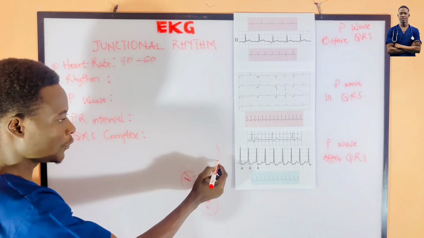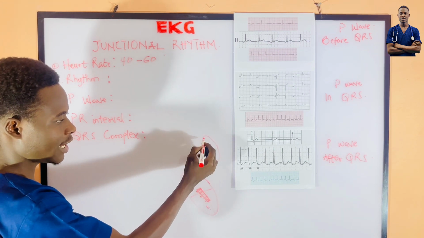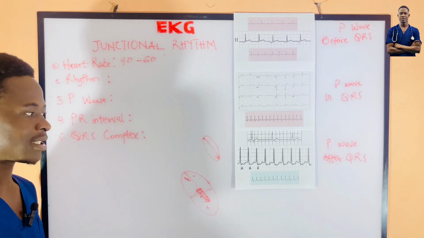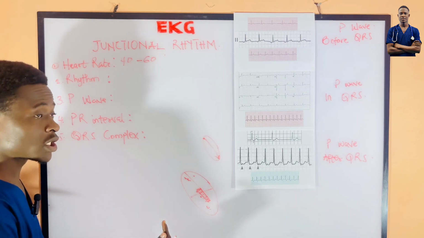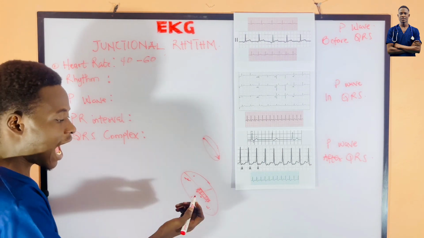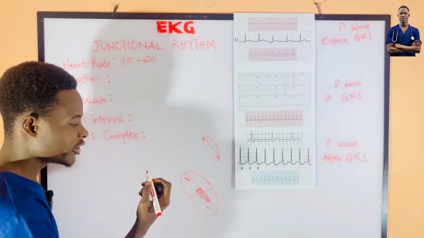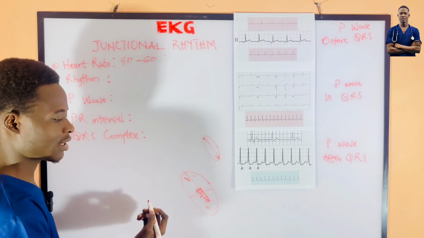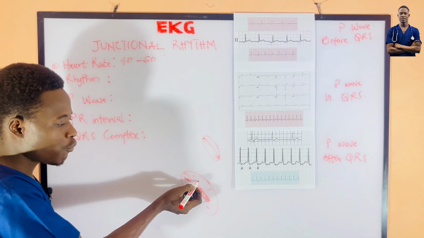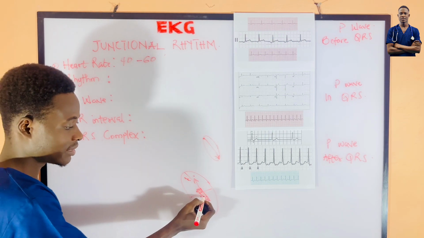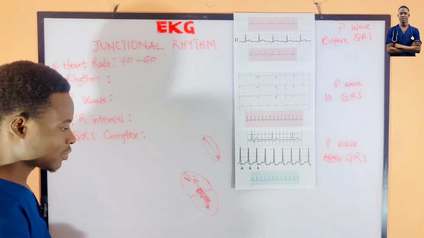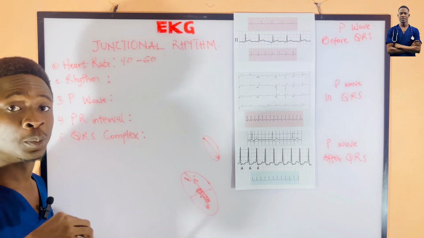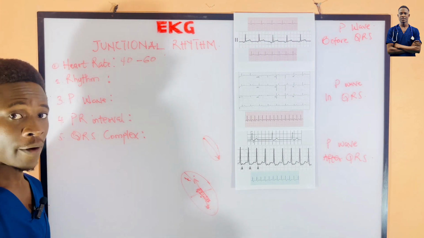So imagine if we generated the electrical impulse at the SA node. The SA node must transmit it throughout the entire heart. The same thing applies to the generation of electrical impulse at the AV node. So when you generate it at the AV node, it also must transmit throughout the entire heart. So some must come upwards and some must go downwards. So some must depolarize the atria and some must also depolarize the ventricles. Are we clear with it?